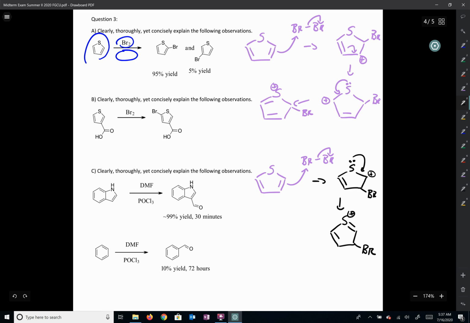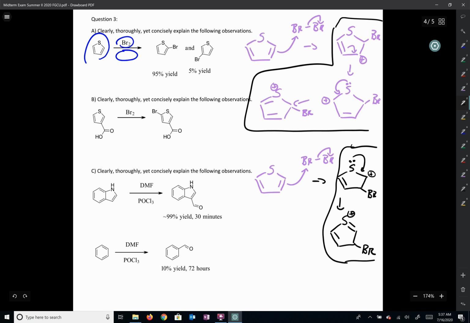We end up seeing 2 resonance structures as opposed to just one, or 3 if you want to say that. That'd be fine too. 3 versus 2, right? That would probably be a better argument to make in this case. And that would help explain why we see the addition at the 2 position, right next to the sulfur, right? Resonance structure.